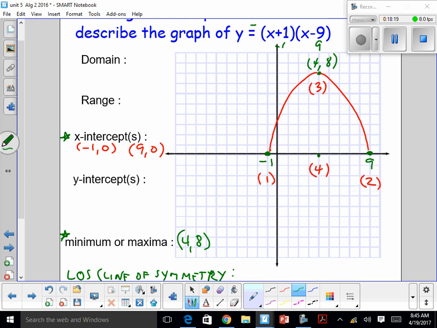Oh, it's that. It is the 4, 0, but then here's the bad news. 4, comma 0 is if you had to write it as a coordinate, but it turns out the line of symmetry has to be written as an equation.